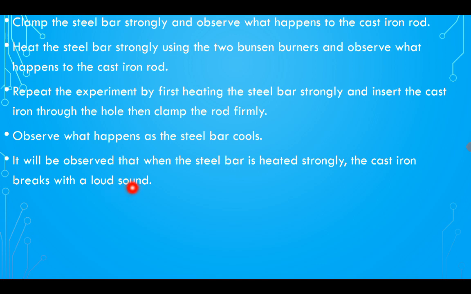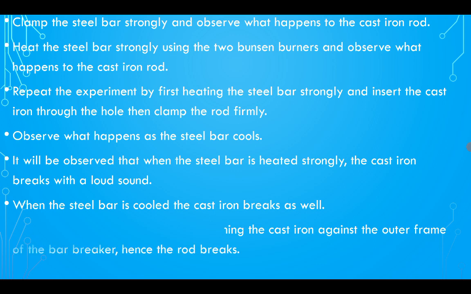Why it breaks is because the expansion of the steel bar is going to force the cast iron rod against the frames. All right, and then the result is it is going to break. Right. So when the steel bar is cooled, the cast iron breaks as well.